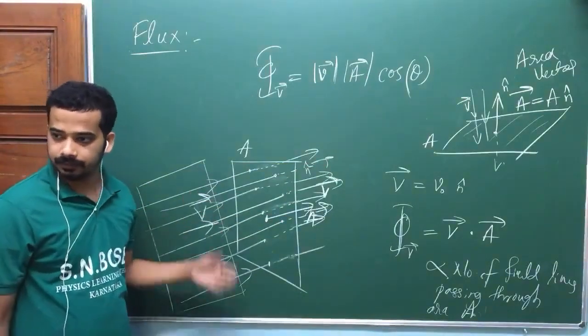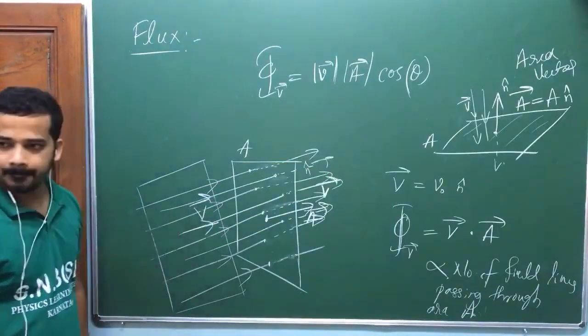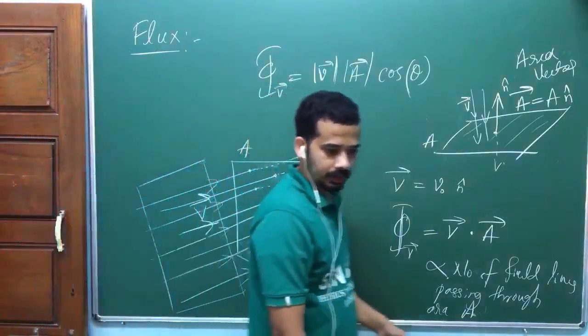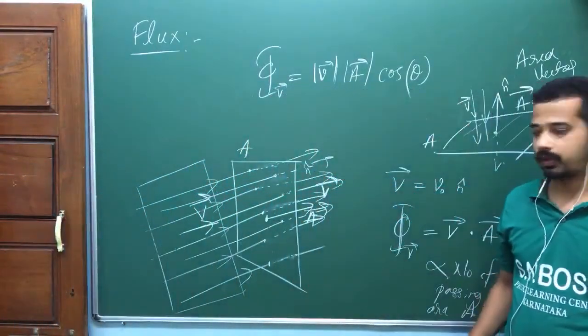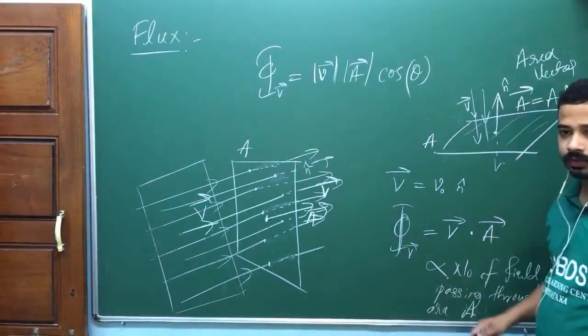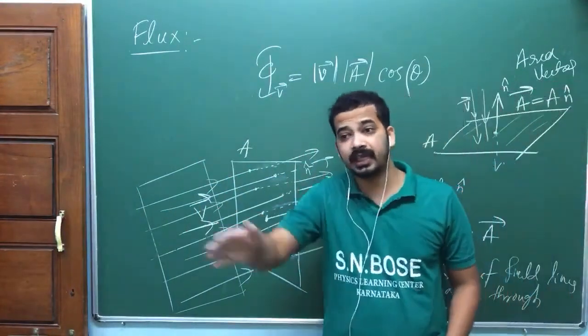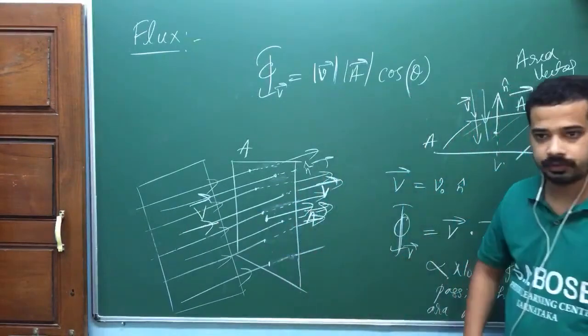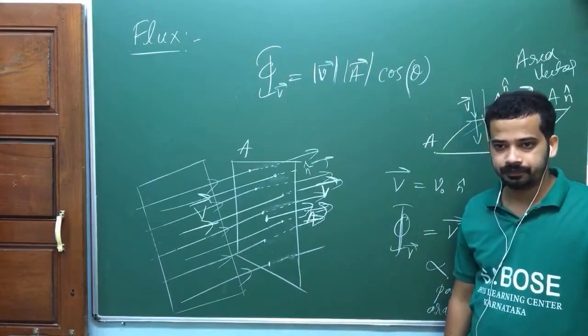So those lines, if they pass through the area, then we count how many field lines are passing through that one. If they are grazing the area, we don't count that one. Grazing, I hope you got that one. From that we can set the angle between.